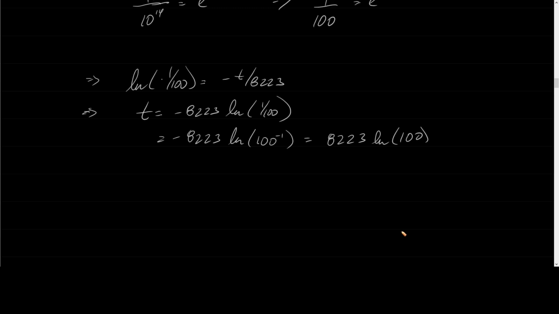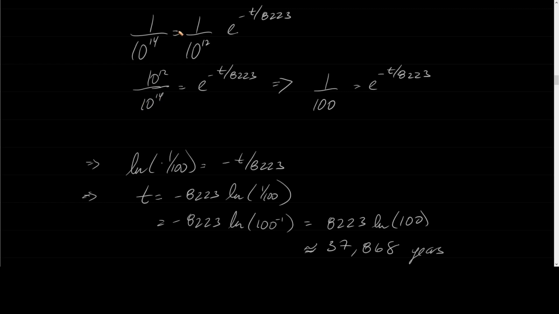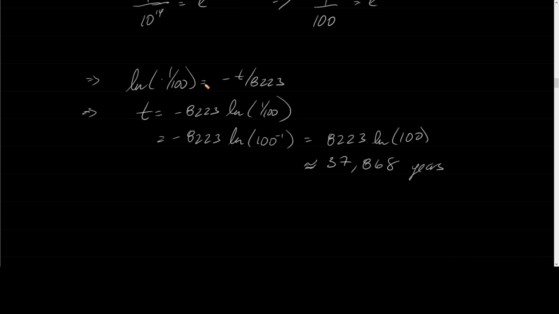Now, plugging in this into the calculator, you would end up with a value of approximately 37,868. And this is in years, right? The only part that we did in the calculator was this last part over here, plugging that in. But again, it's just a matter of setting up your exponential equation and solving for the variable. So that was exponential decay.